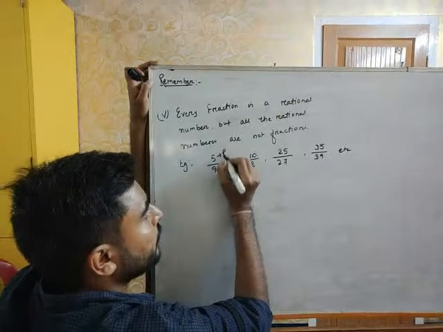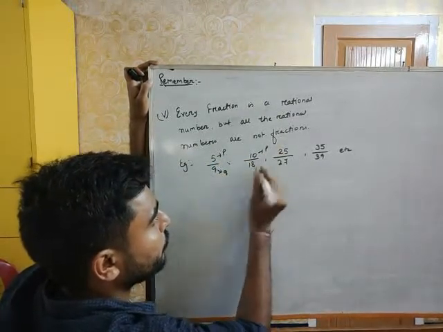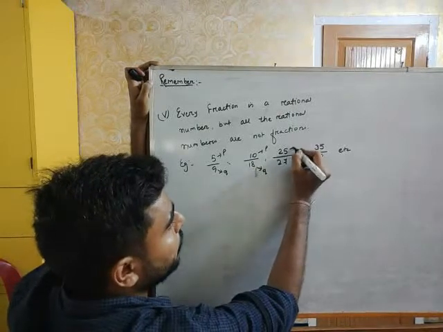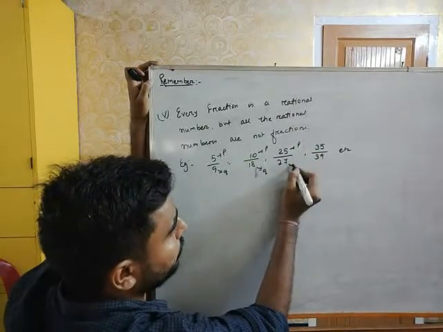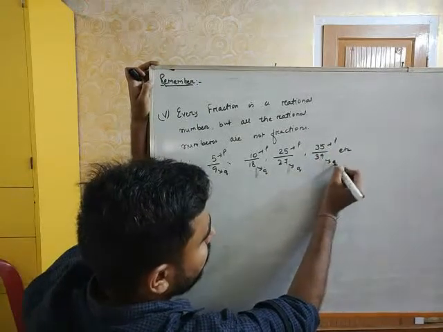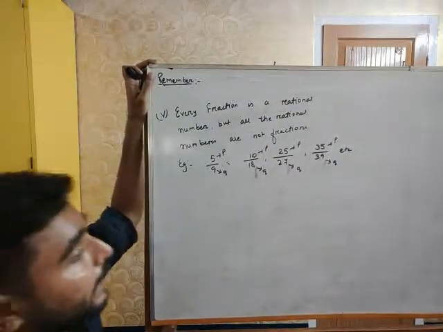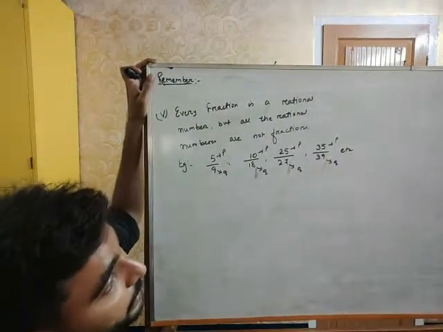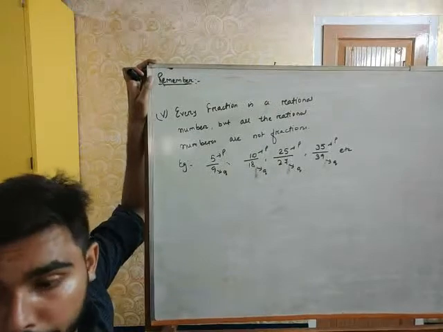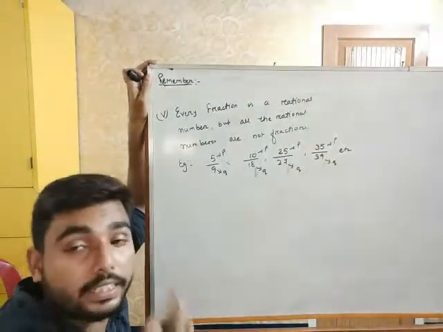This is P here and this is the Q. This is P and this is Q. So 5, 9, 10, 18, 25, 27, 35, 39 can be said as natural numbers, can be said as whole numbers, can also be said as integers.